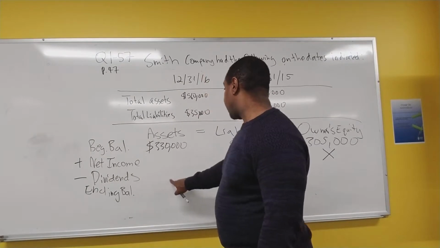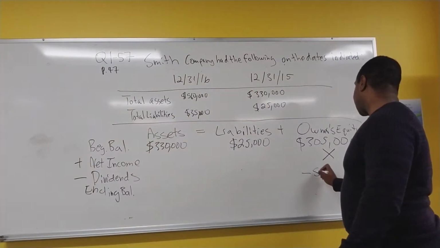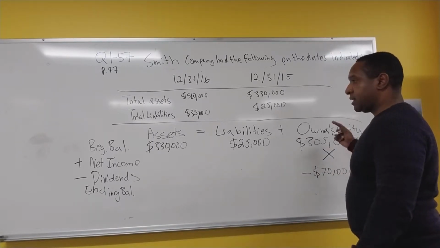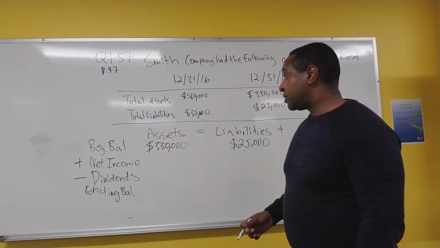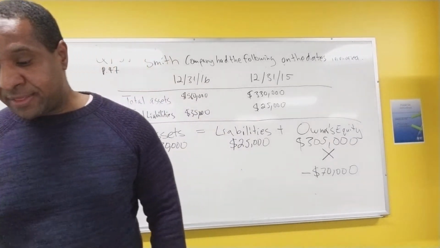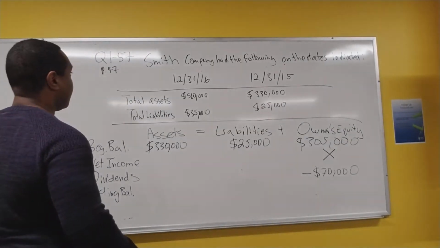So we're going to go here to dividends. We know that $70,000 was taken out over here in the owner's equity section. The other thing we do know is we have the ending balances for our assets and liabilities.